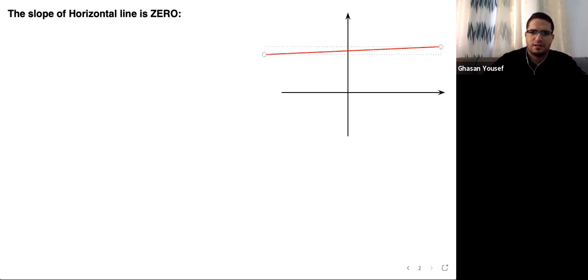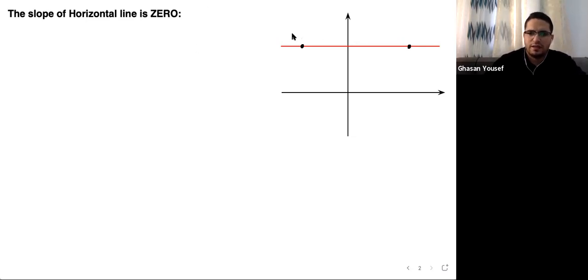This line passes through 2 points. The first point is here, and the second point is here. Both of the points have the same y coordinate.